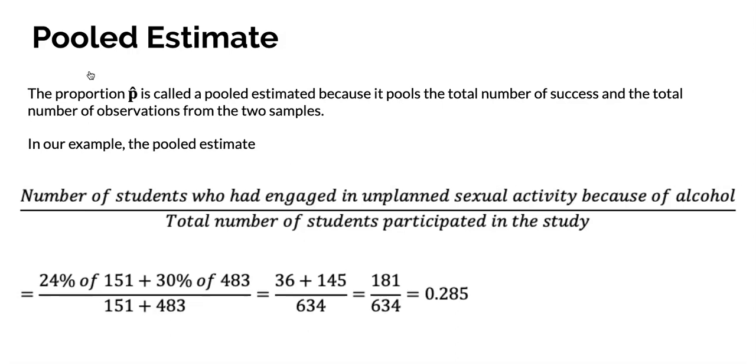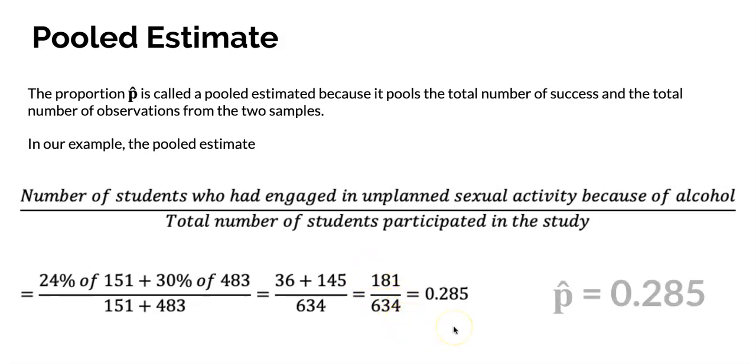So what I did, I figured out there were 36 people out of 151 in the earlier year, and 145 people out of 483 in the more recent year. If I add the numerators up, in total 181 people were engaged in such activity out of 634 total.